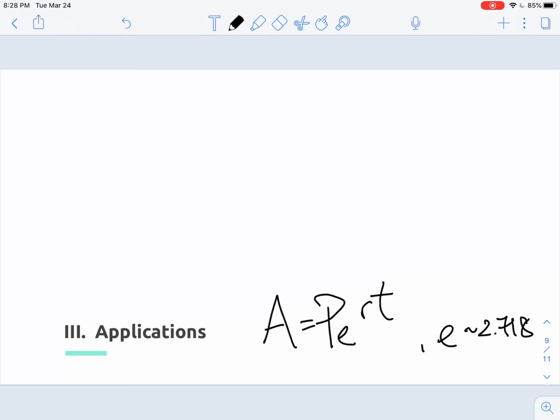But let's talk about what some of these other letters mean. So T is going to stand for time. And a lot of times we use this equation with money things. So we'll be talking about maybe how long you want to save your money for, how long you want to take a loan out for, and that's going to be the time.